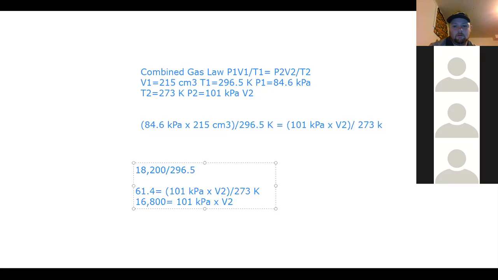So we'll get 16,800 divided by 101 kPa. So you should get as your answer 166 cubic centimeters. Okay. Does anybody have any questions about how I got that?